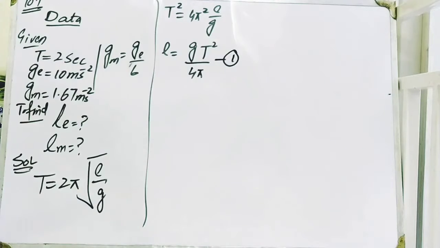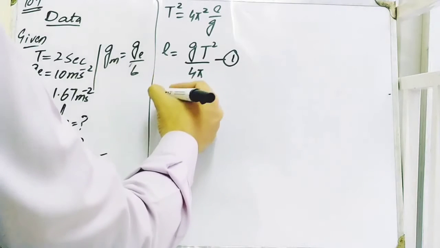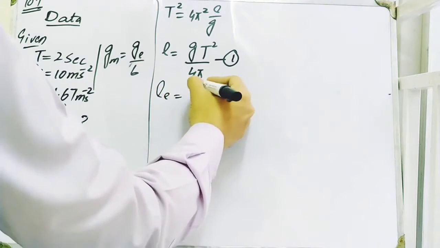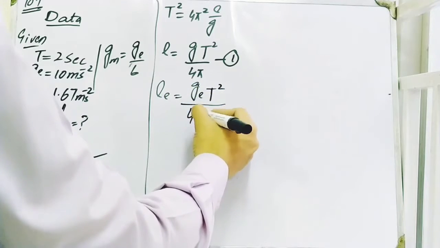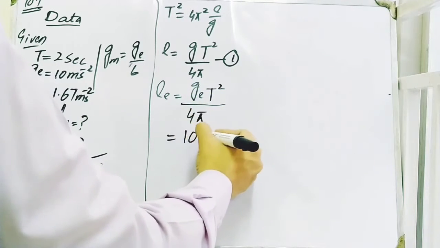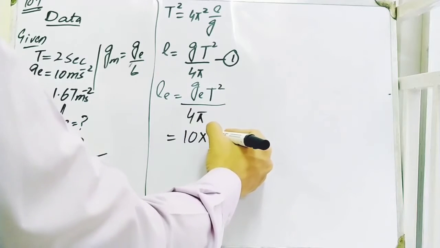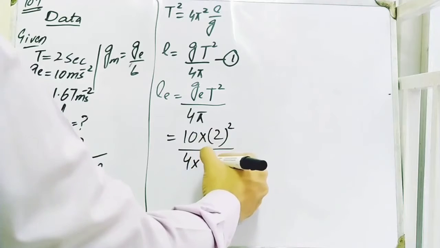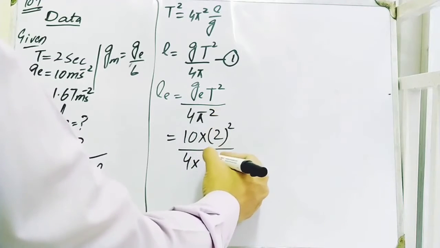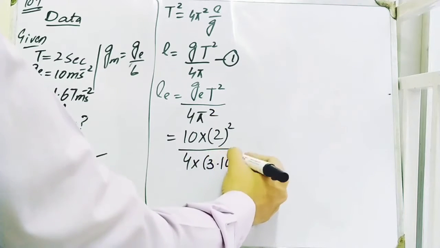So firstly, we will find the length of this pendulum on Earth. So LE will be equal to GE into T square divided by 4 pi square. GE value is 10, T square is equal to 2 square, and 4 into 3.14 square.